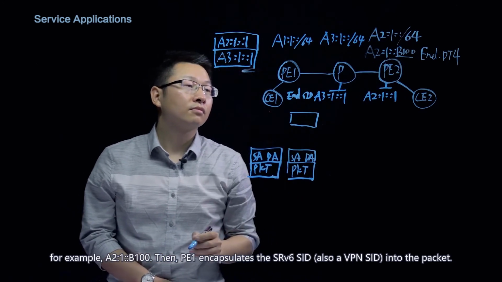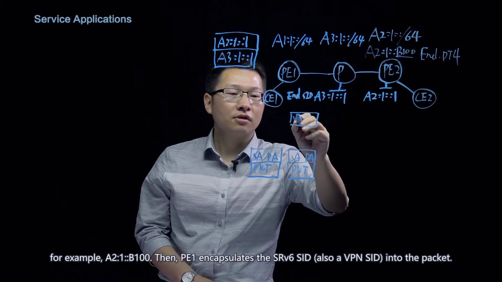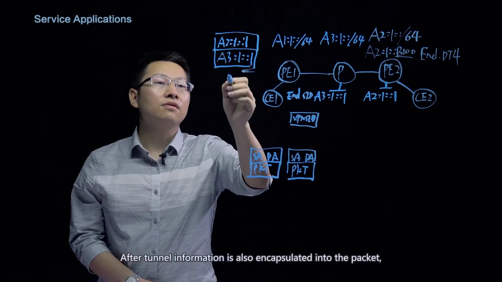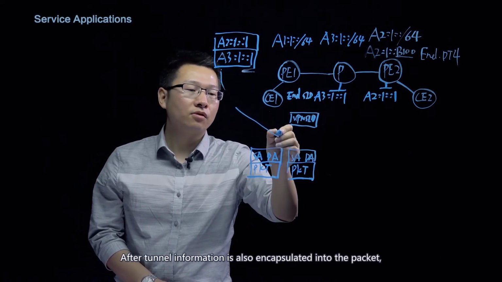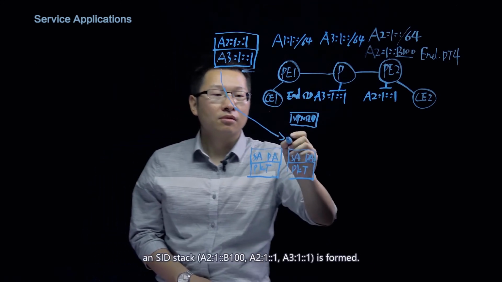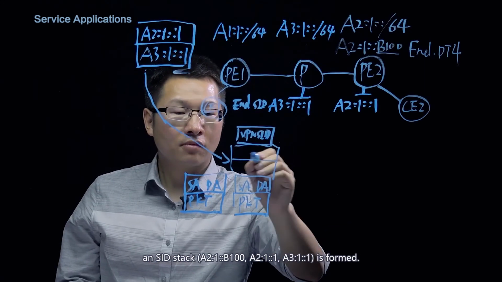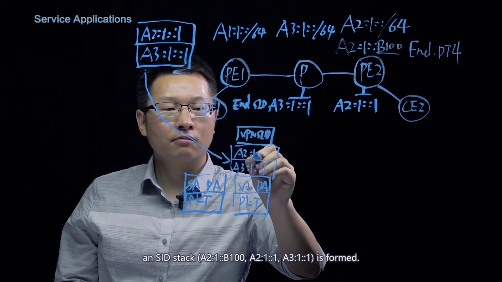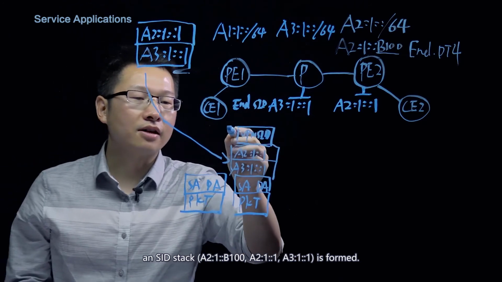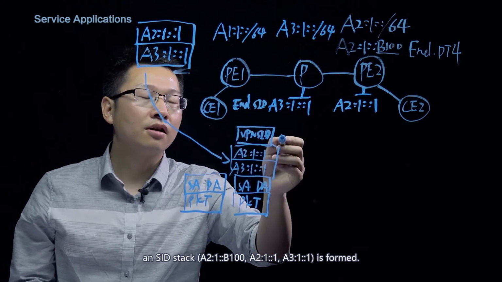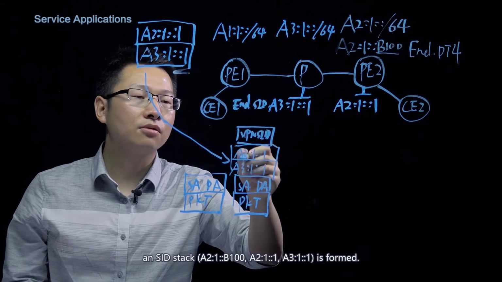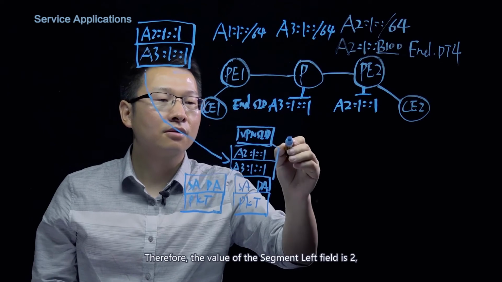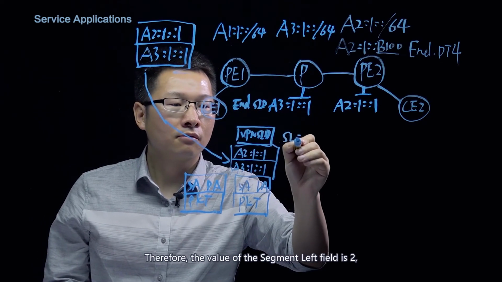Then PE1 encapsulates the SRv6 SID, also a VPN SID, into the packet. After tunnel information is also encapsulated into the packet, an SRH SID stack A2:1::B100, A2:1::1, A3:1::1 is formed. The stack has 3 layers, therefore the value of the Segments Left field is 2.